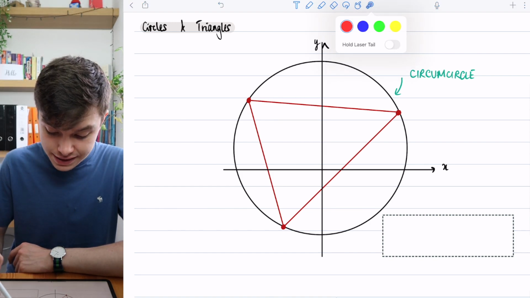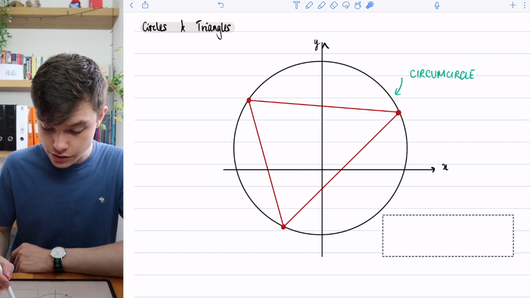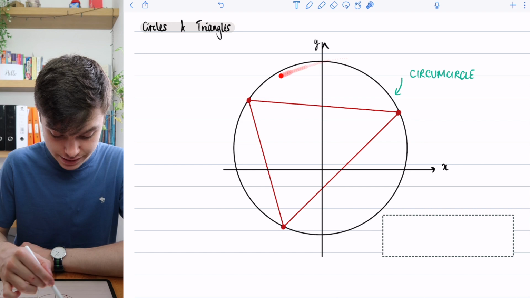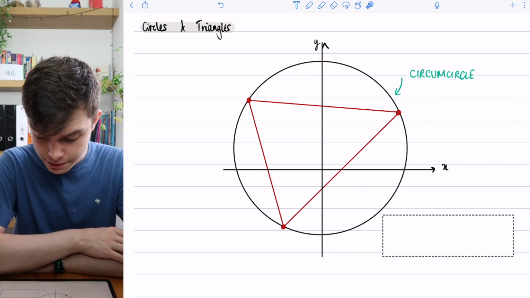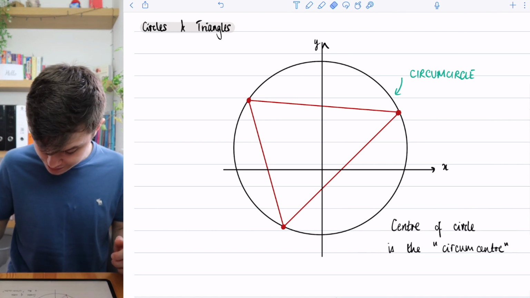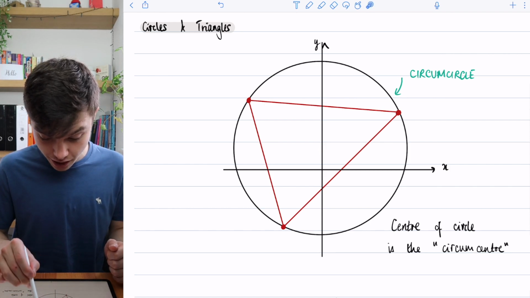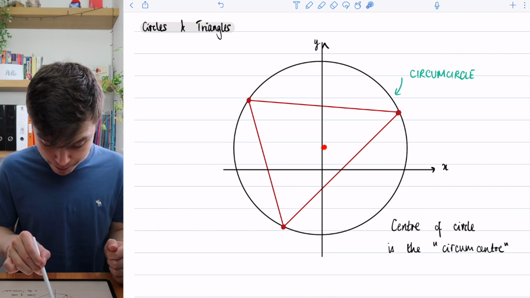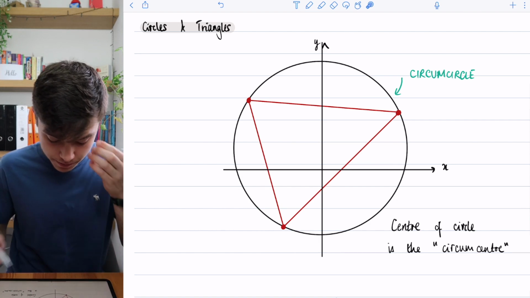The reason for that is because all these 3 points are on the circumference, so we call it the circle that passes through all these 3 points. We call it the circumcircle, okay? And the centre of that circle is the circumcenter, okay? Because it's the centre of this circle, maybe about there, it's called the circumcenter, okay?